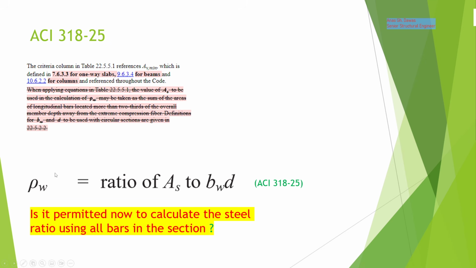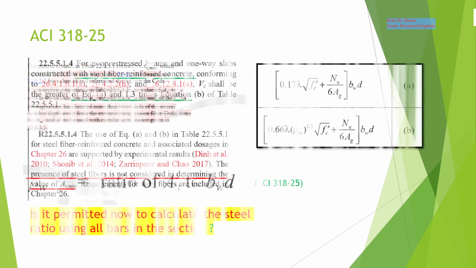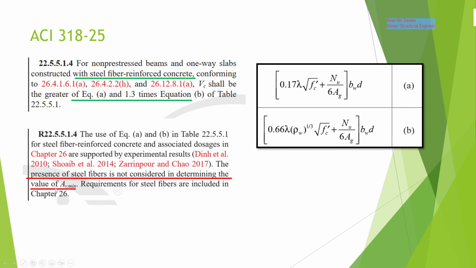Also, extra reinforcement, if you have it, you can use in this value. Also, ACI 318-25 now recommends, I believe, using steel fiber reinforced concrete. Using steel fiber reinforced concrete can result in a higher shear strength.